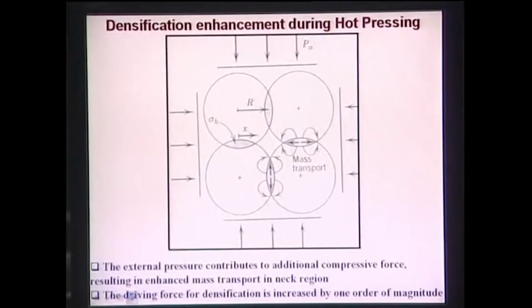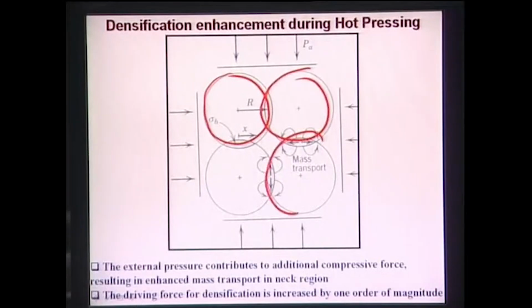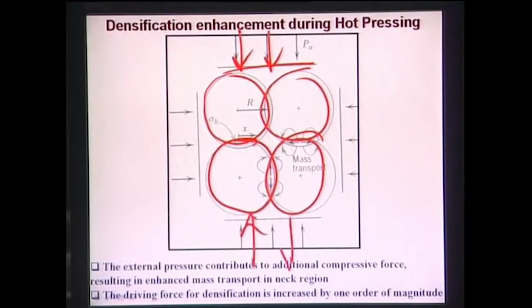Now, what is the mechanism of hot pressing? Mechanism of hot pressing means you have this four particles model. So four particles are coming in contact and touching each other, and then you are applying pressure from both the ends, and this is your graphite die wall. So there is no expansion possible.